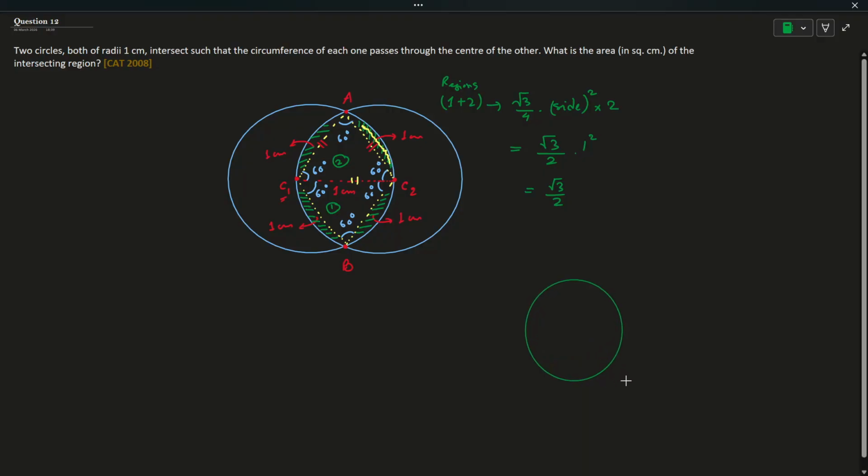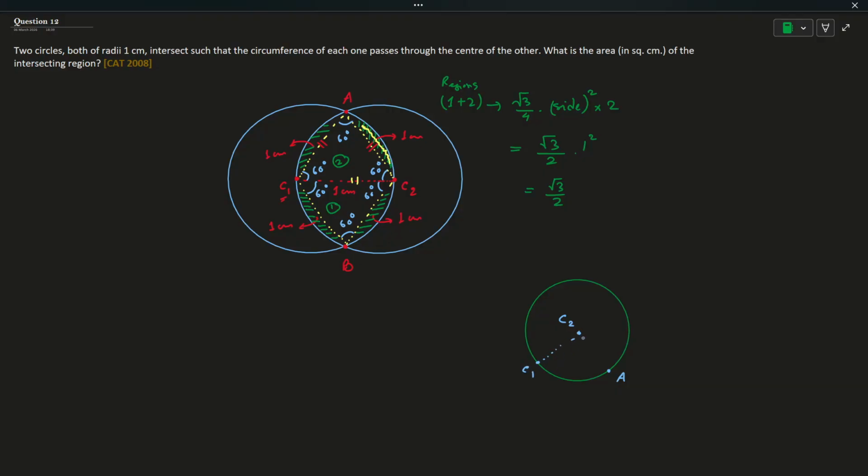Let's say we have a circle and let's say this is the center, okay. Now this is point C2, right? I have C2 here and there is A, right? A is there, and C1 is also a point on the circumference.